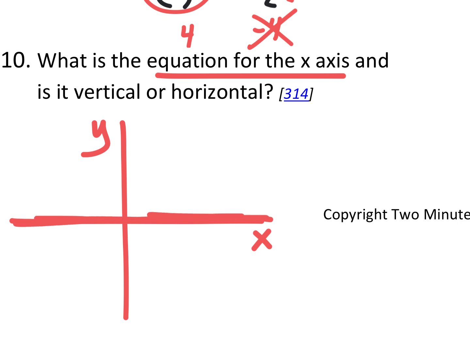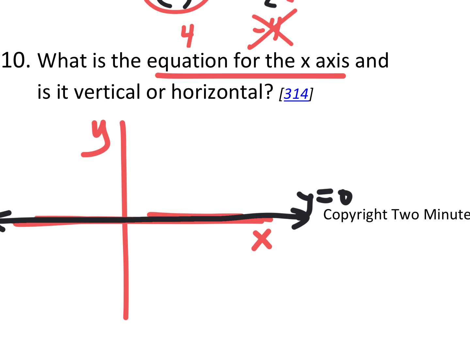It's counterintuitive. You would think it'd be x equals 0, but it is not. The line that runs right here is y equals 0. Conversely, for the y-axis, that would be the line x equals 0 that runs right through it.